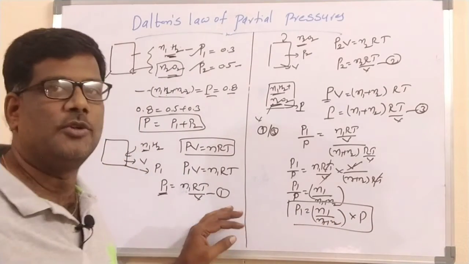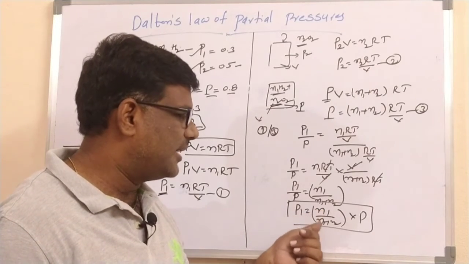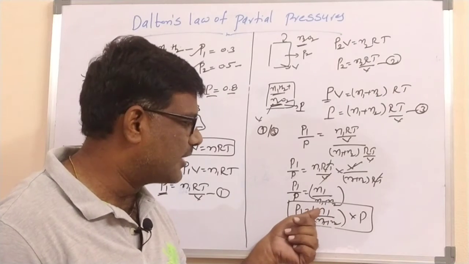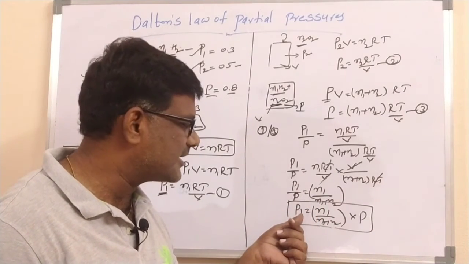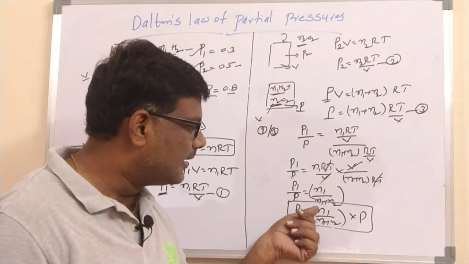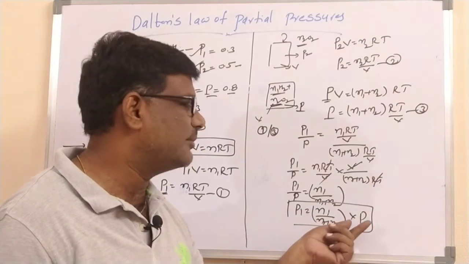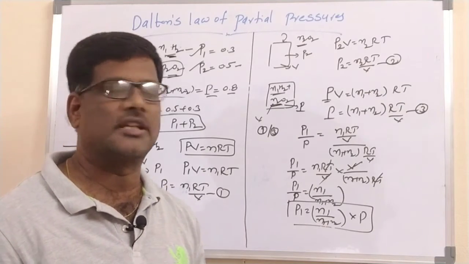Now look here. How to calculate the partial pressure? Partial pressure is equal to N1 by N1 plus N2. What is N1 by N1 plus N2? It is the number of moles of the first gas to the total moles. Once again, the partial pressure of the first gas is equal to the number of moles of the first gas to the total moles, which must be multiplied with the total pressure.